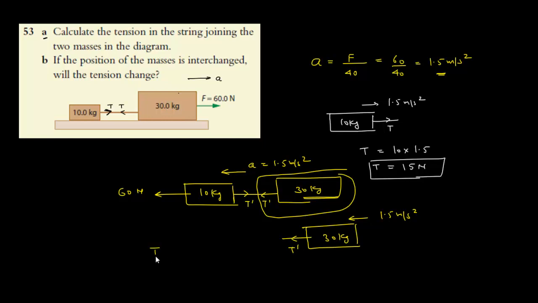So using Newton's second law, T dash is this mass into the acceleration, that is 30 into 1.5 meter per second square. If you multiply it, you will get 45 Newton. So from here we can say that when the position of the masses is interchanged, the tension will also change, and the new tension here is 45 Newton.